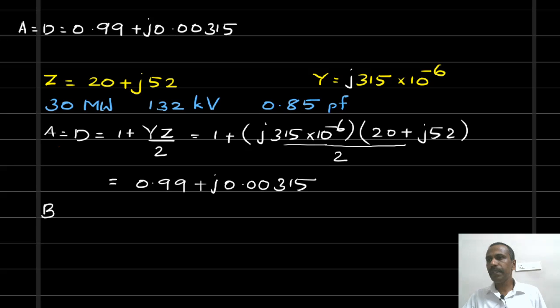And the constant B is equal to Z plus YZ square divided by 4.